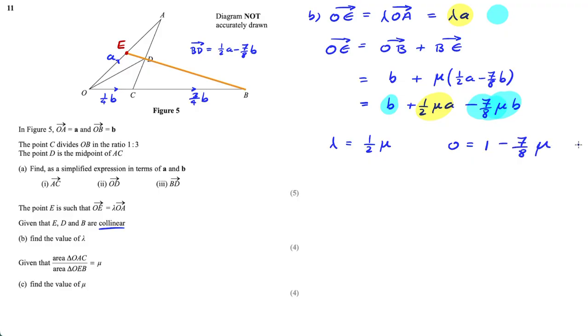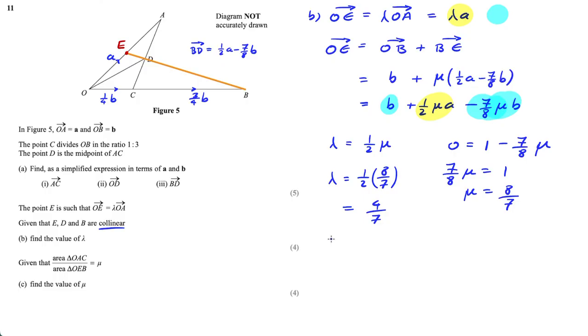So let's rearrange this. 7/8 mu equals 1, which means mu must equal 8/7. If mu is 8/7, then lambda is equal to 1/2 of 8/7, which is actually equal to 4/7. Okay, so that is the answer to part B.